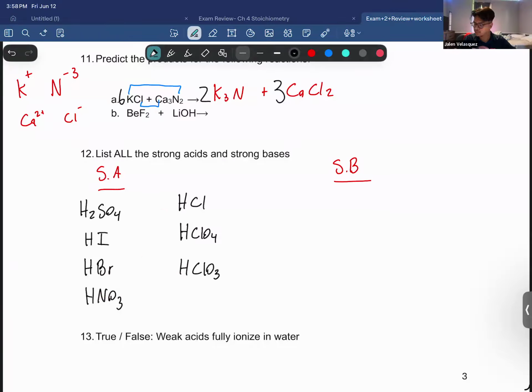And then the strong bases are lithium hydroxide, sodium hydroxide, potassium hydroxide, strontium hydroxide, and then barium hydroxide.